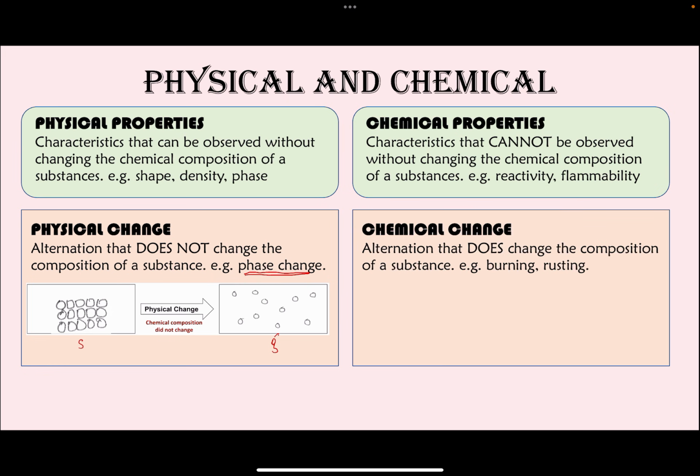In case of chemical change, however, because chemical composition does change, here's what your particle diagram is going to look like. Let's say these type of particles where you have the unfilled atoms, 2 atoms together, represent H2 gas, hydrogen gas, and then the ones that are filled could represent the oxygen gas.